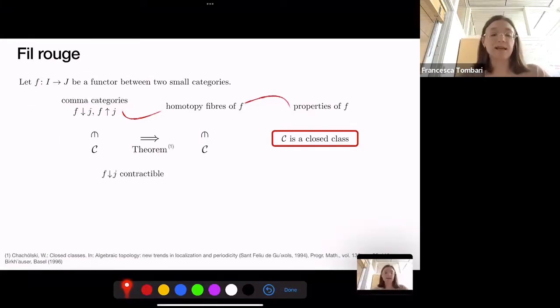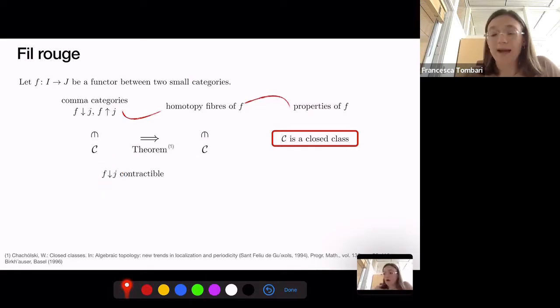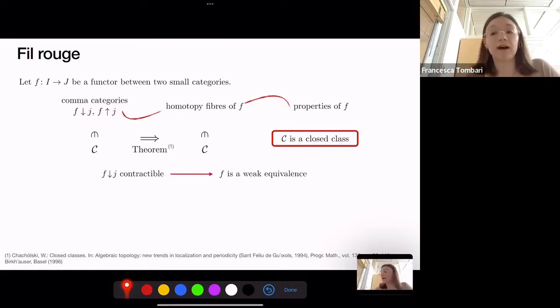examples I promised. An example of a closed class is contractible simplicial sets. So if you have your comma categories all contractible for a functor F, then that functor turns out to be a weak equivalence, and this is going to be a homotopy equivalence in our context later.